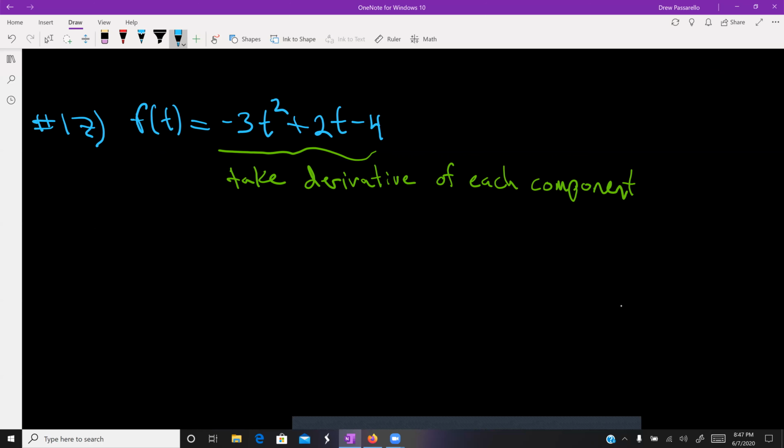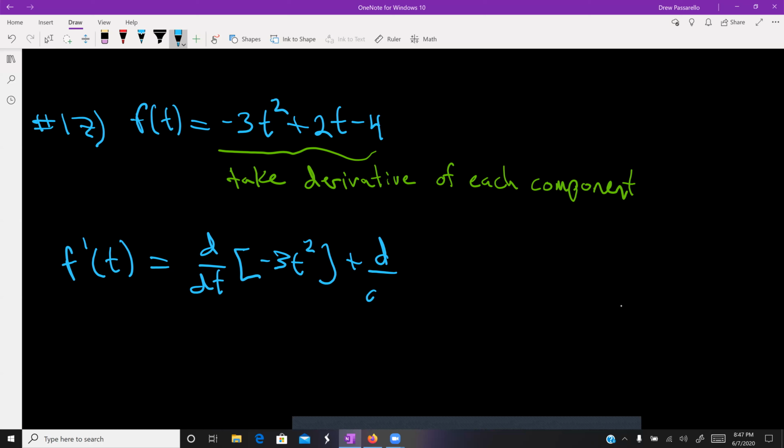If I take the derivative f prime of t, it means I take the derivative of the first component. In this case, it's d over dt instead of d over dx, since we have the variable t. And then in the brackets, I'll have negative 3t squared. Then I take the derivative of the second component, and that's 2 times t.